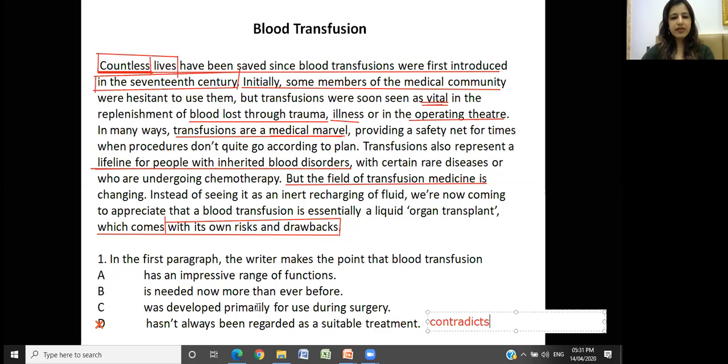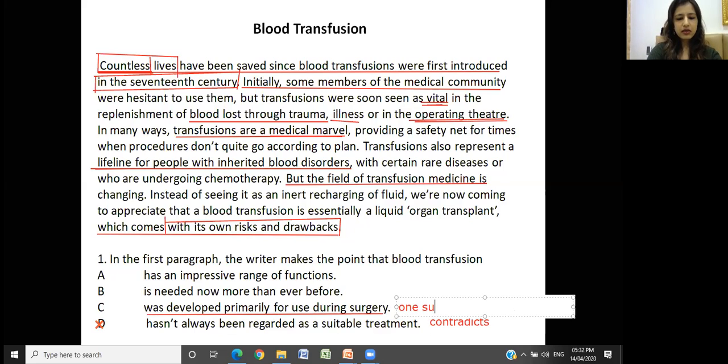Then, "was developed primarily for use during surgery." So you can find this sentence as it is, isn't it? Developed for the use during surgery. Here also you can see that it says it is used in operating theater. So this matches, but it is one supporting detail and not the summary.